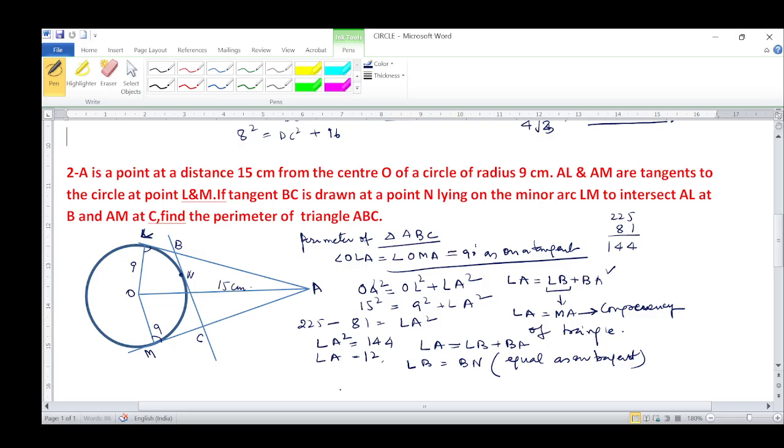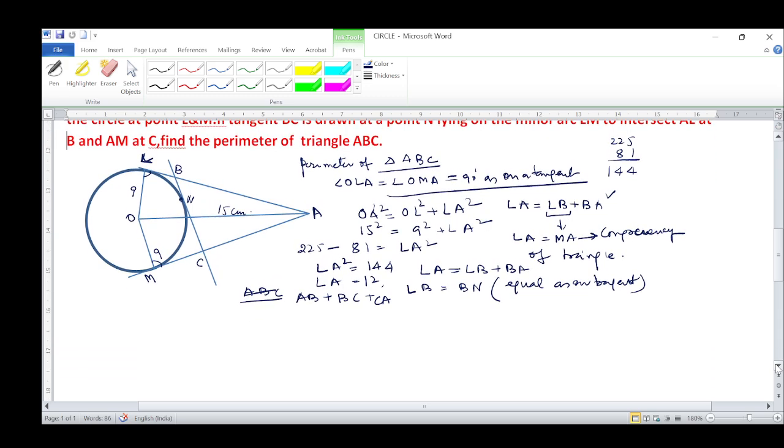In the same way, let us write the perimeter. Perimeter of ABC is AB plus BC plus CA.